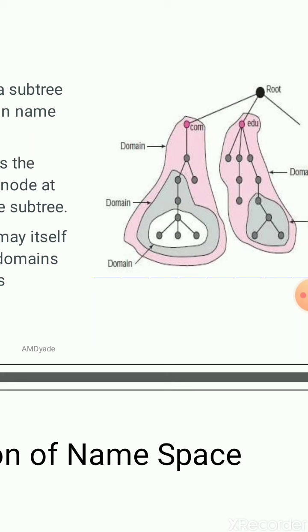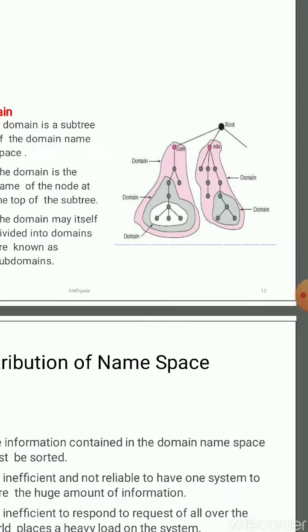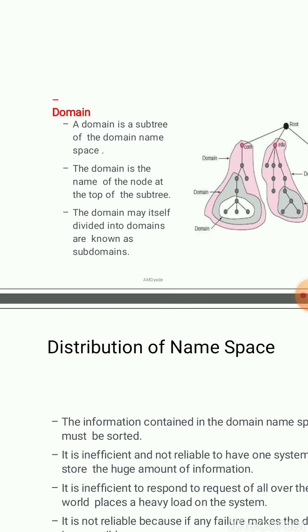After that they are still subdivided into subdomains. So each node represents a domain. The definition also says that a domain is a subtree of the domain namespace. The domain name is the name of the node at the top of the subtree. So the top is nothing but root, and the subs are .com, .edu, and so on.